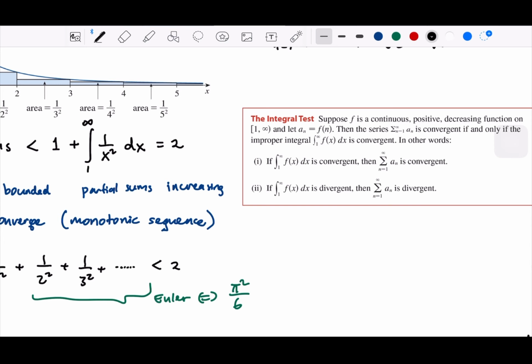Then let the sequence act as a function, and the series will converge if the improper integral converges. So the key is the improper integral. You need to review that as well. So when this integration converges, then the sum will converge. When this integration diverges, then the sum will also diverge.